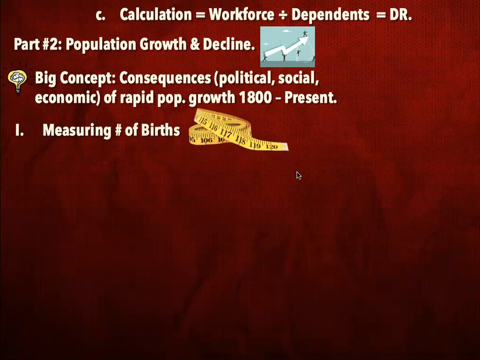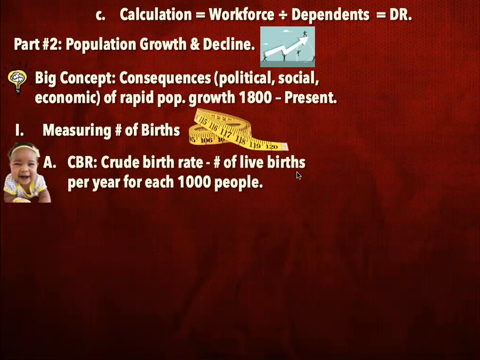There are going to be all kinds of challenges connected with all of this, and this is where we have to track some of these stats. The way that we track population growth so that we can plan for it and deal with those consequences is by keeping track of the crude birth rate. And there's your definition of it.